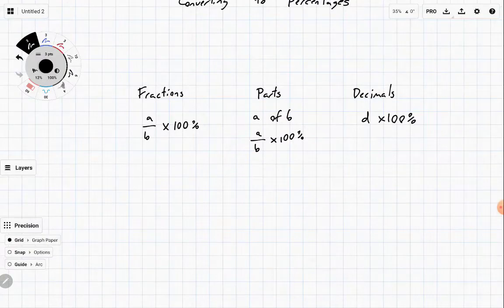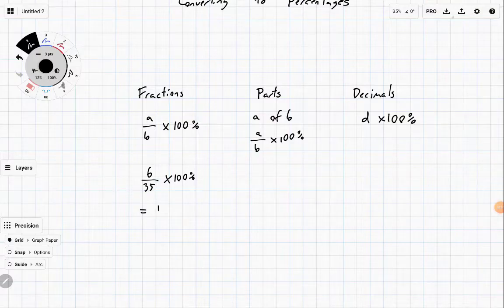So let's do it. If I have the fraction 6 over, let's make it 6 over 35. Well, if I want to convert that from a fraction to a percentage, I just multiply it by 100%. And then I can just type this into my calculator. So this is a great first use of a calculator to do this. In general maths, we always have access to a calculator, so there's no reason not to use it. Alrighty, and in this case, we're going to get some horrible decimals.